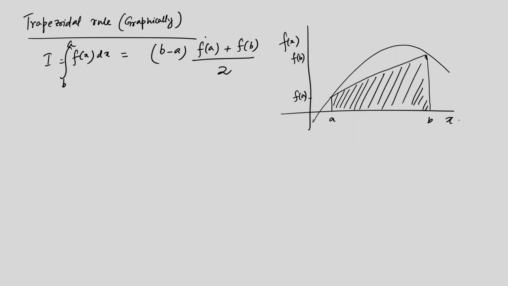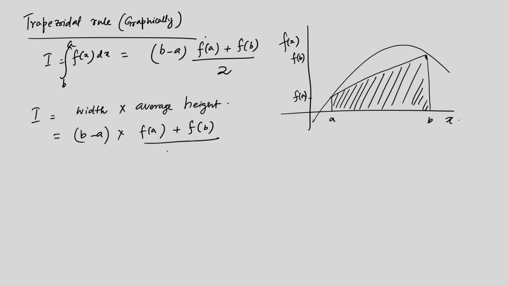So the integral estimate is I equal to width times average height, which is b minus a times f a plus f b by 2. That is the average height multiplied by the width, and this gives you the area under the trapezoid.